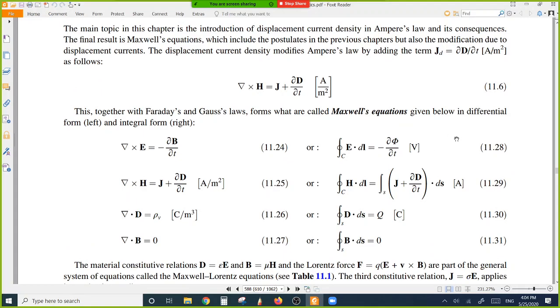These, you already know, are the summary of Maxwell's equations from 1124 up to 1131.